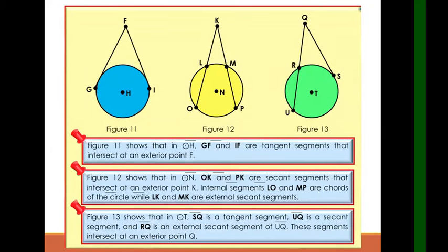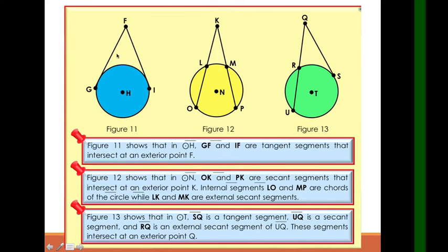So let's see. In figure 11, line GF and line IF are tangent segments. Ang tawag sa kanila ay tangent segments that intersect at the exterior point F.